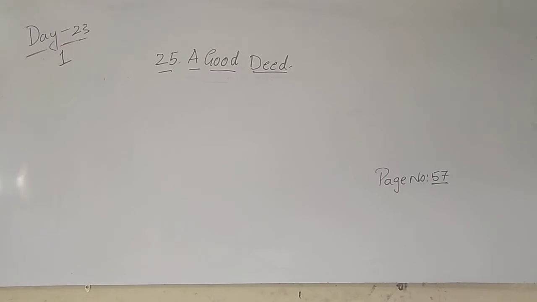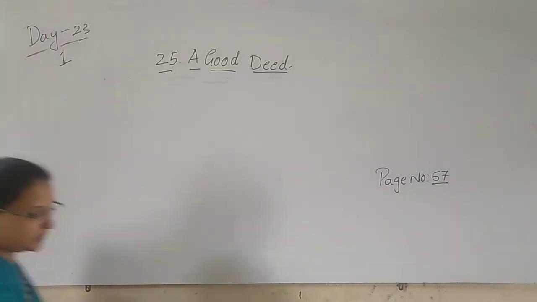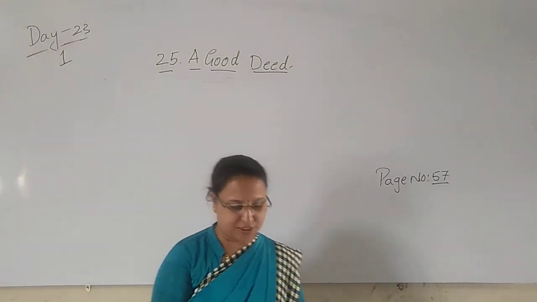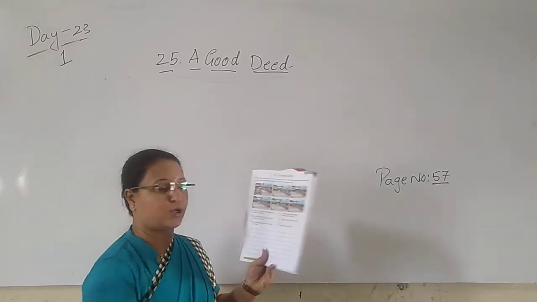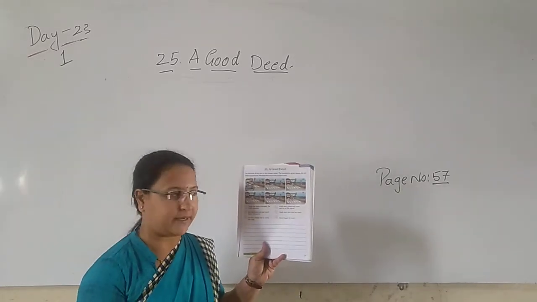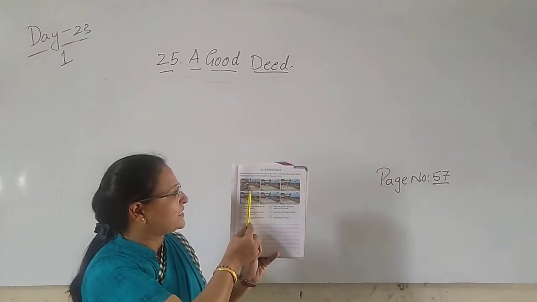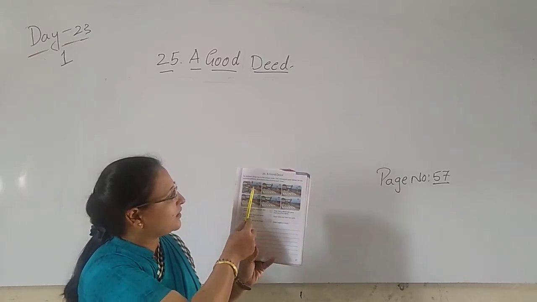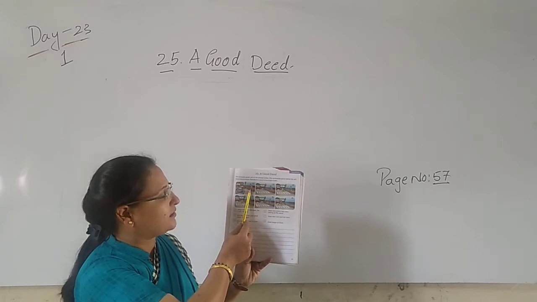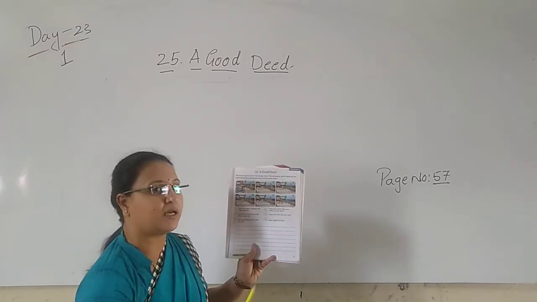So, children, I have shown you all the images. Here, once again I will show you because my hand was shaking. In the first image, you can see the road is very busy and the vehicles are moving. The old lady and the boy Azad are standing on the footpath.